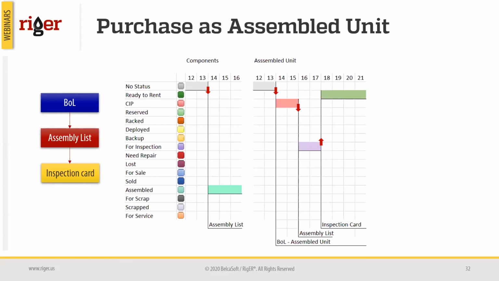So here in this case, for the splitting, the rental unit components will appear from nowhere, because when we do splitting, the rental unit components do not exist in the system. So they will convert from no status to assembled.